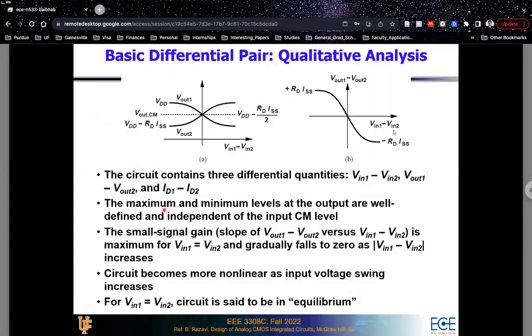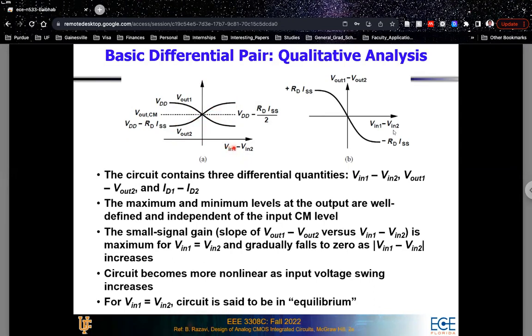Graphically, if we represent this, then the plot will look something like this. Let's say in the x-axis you are representing Vin1 minus Vin2, and in the y-axis you are representing the output voltages. So either Vout1, which looks like that, or Vout2, which looks like this.